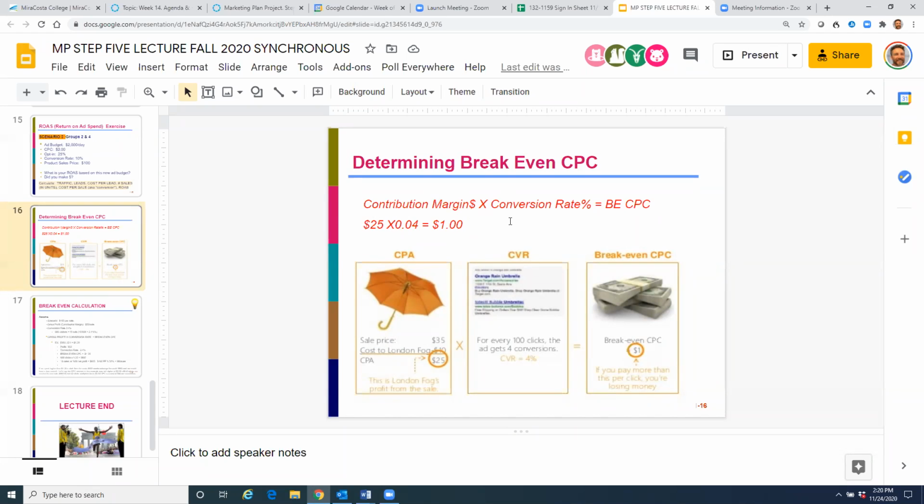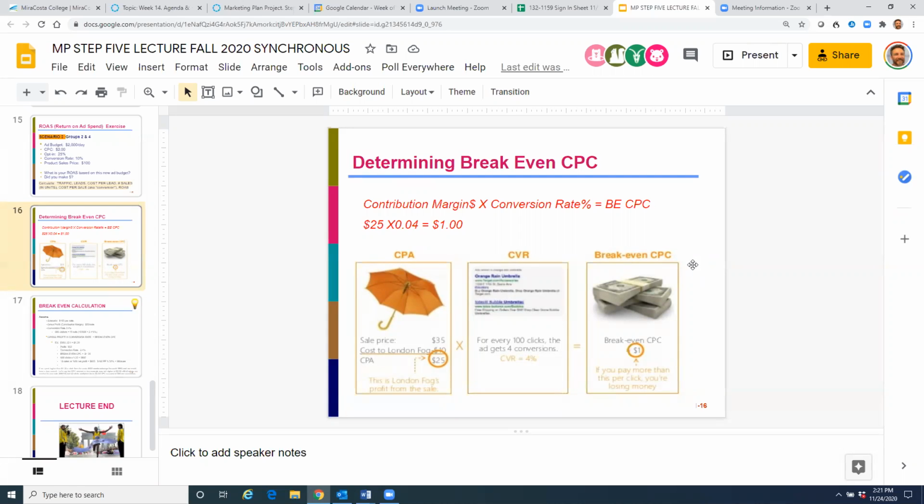But for a kind of one size fits all, you could use 50% margin, meaning I sell it for $100 and it costs me $50 to make, and I make the other $50. That's a gross margin of 50%. Your net margin is how much you actually put in your pocket. That's other things like salaries and utilities and all the other expenses. But for the contribution margin, all we care about is that gross margin.